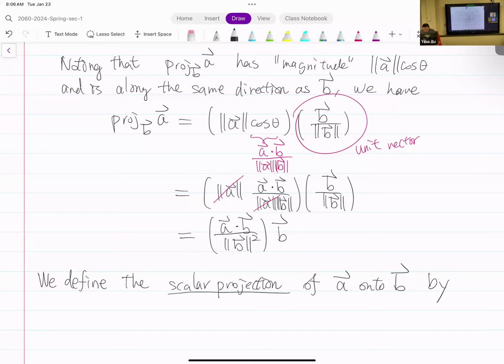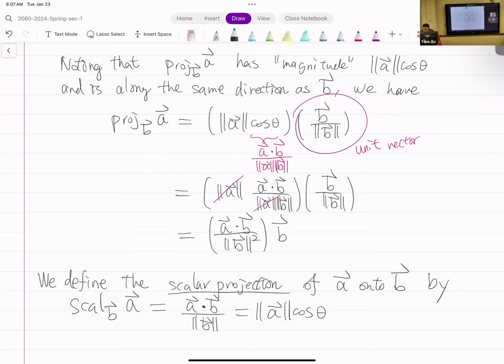So now we just use the first four letters, scal. We have subindex B indicating the direction. A is the vector that we start with. And so basically we just take out that purple circle part, which is A dot B over the magnitude of B, which is exactly that magnitude portion of your vector projection.